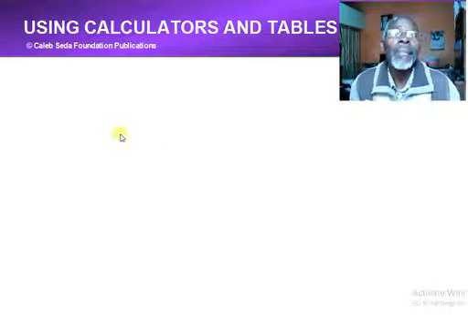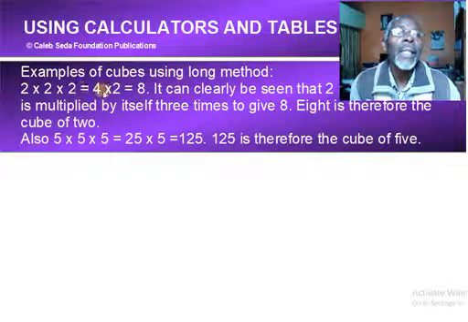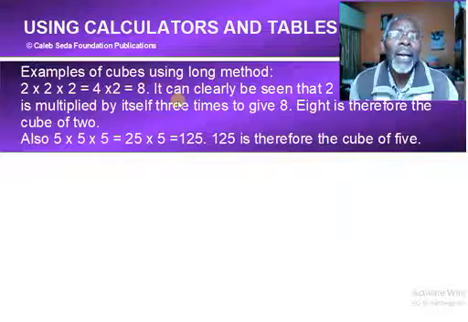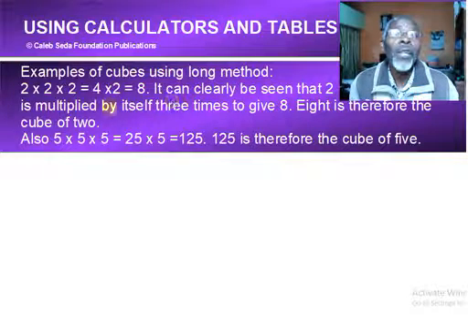We need to move forward and look at some examples. Before we look at examples, we need to understand that we are focused on finding cubes using calculators and tables, but we shall see that. Now, examples of cubes using a long method. As we determined, for y cubed, we multiplied y by y by y to get the cube of y. That is a long method.